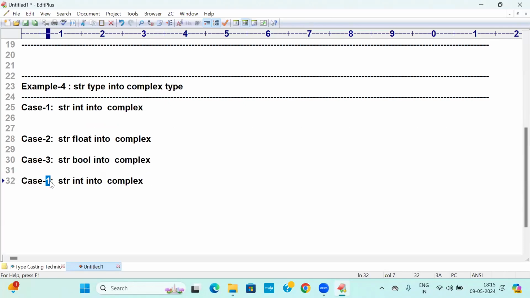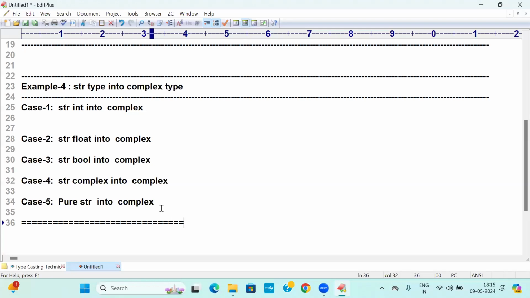Case 4 is str complex into complex. And 5 is pure str into complex. And this is what we are going to do.